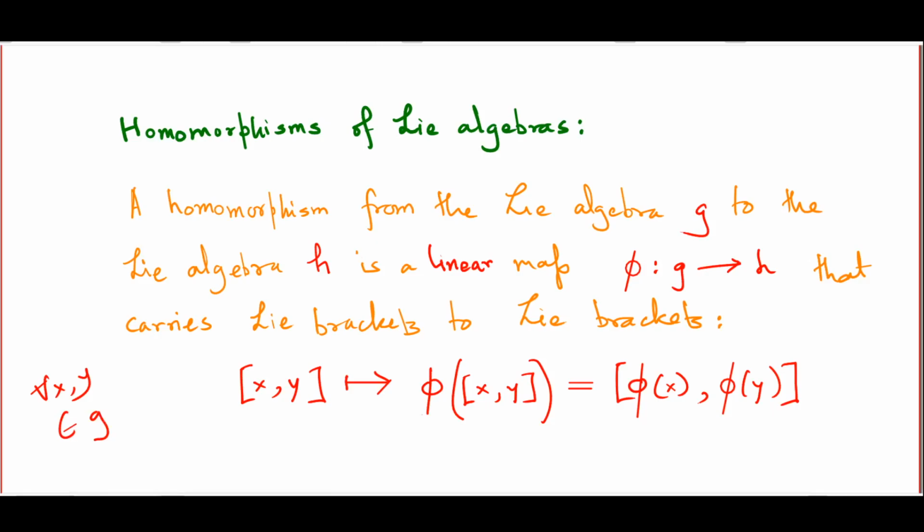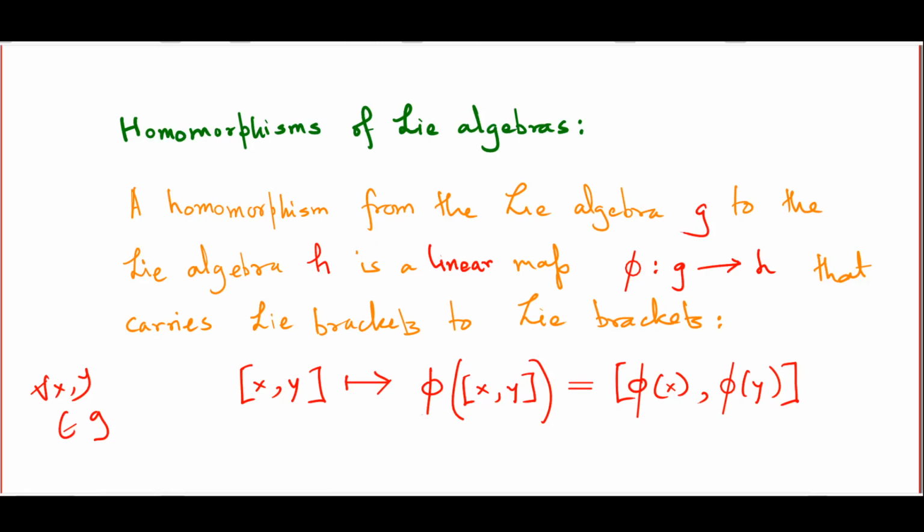must map into an element phi of x and y. This is of course an element of the Lie algebra H, but this must be the Lie bracket of phi x and phi y. Please note that the Lie bracket operations in the two Lie algebras may very well be different.